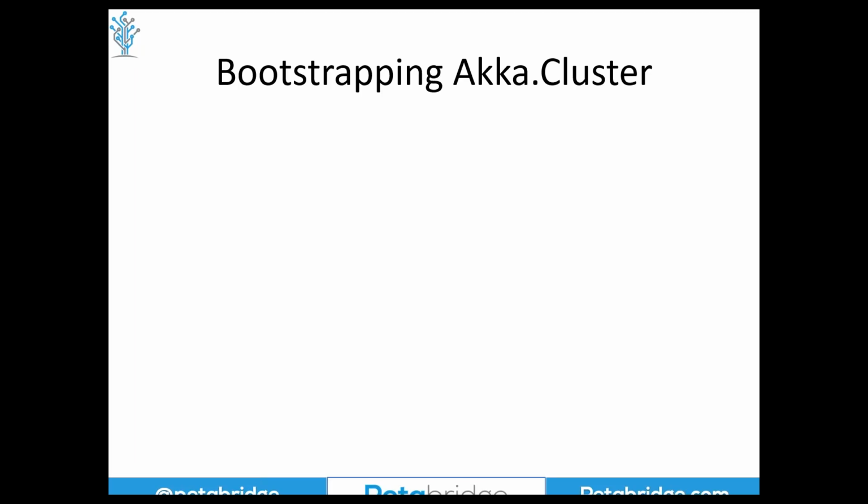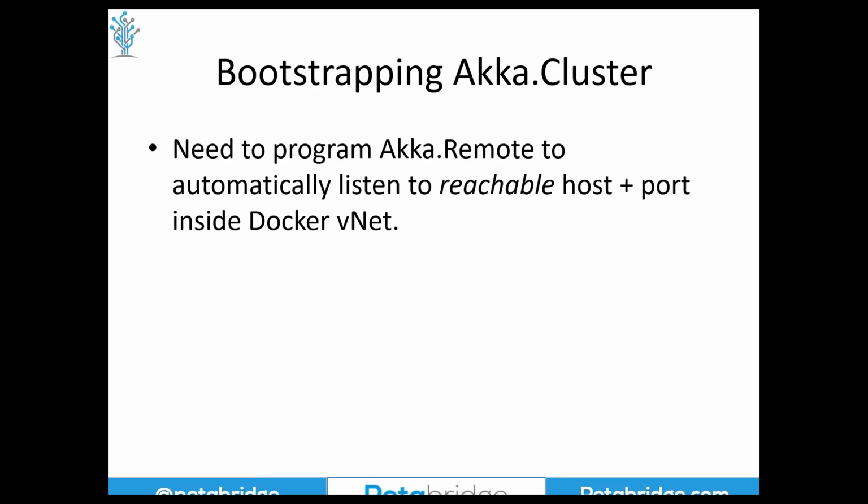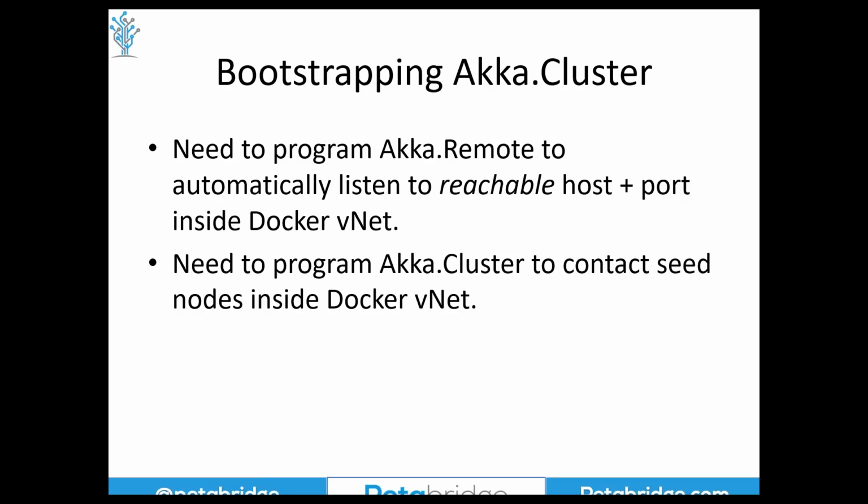Now, this is the really key part of making Akka.Cluster really sing in a continuous deployment environment. This is a process that we refer to as bootstrapping. Bootstrapping means we're going to programmatically give Akka.Cluster and Akka.Remote the ability to determine what IP address it should bind to and broadcast to the other nodes in the network, and what port number it should use.